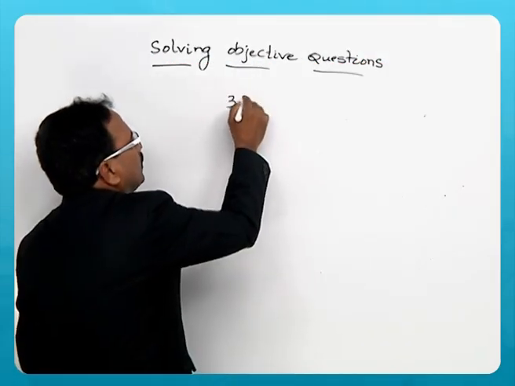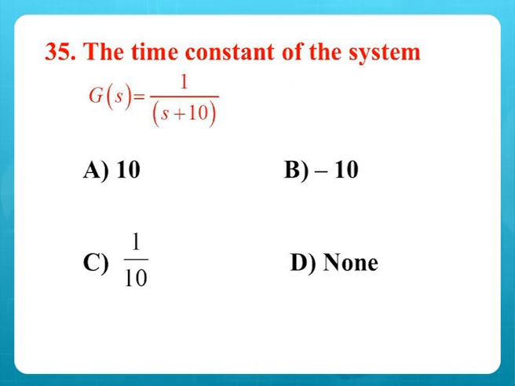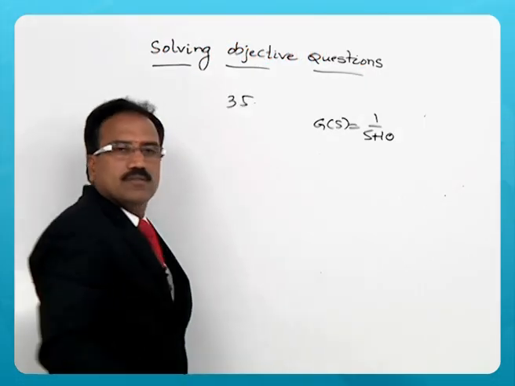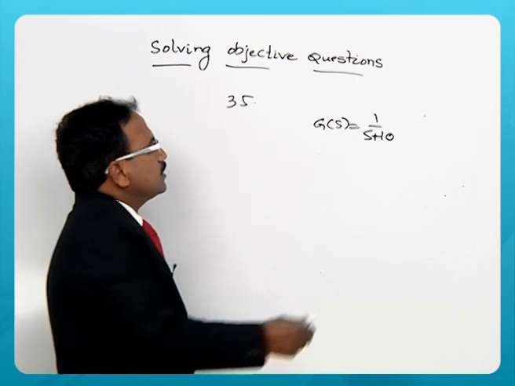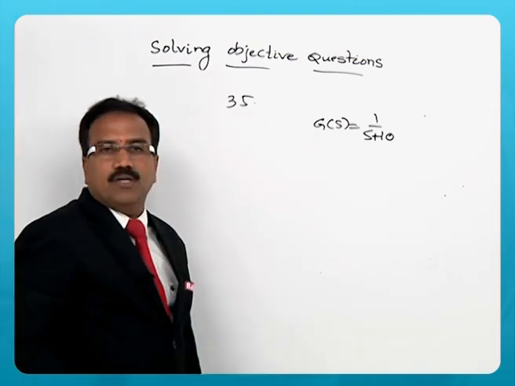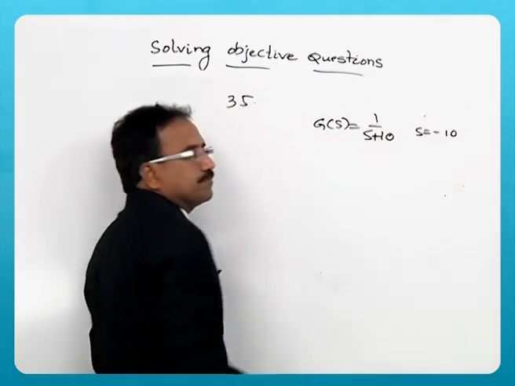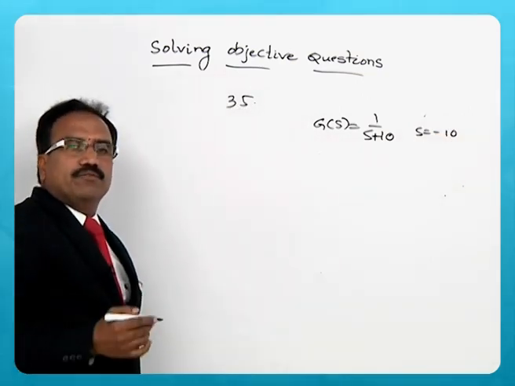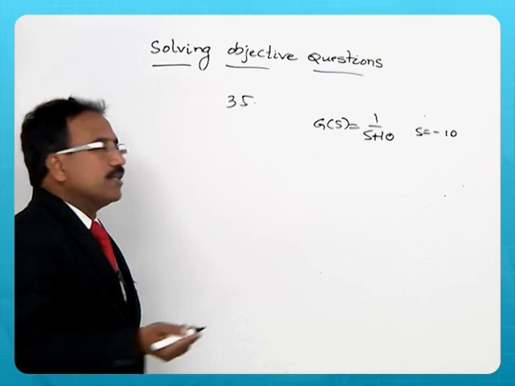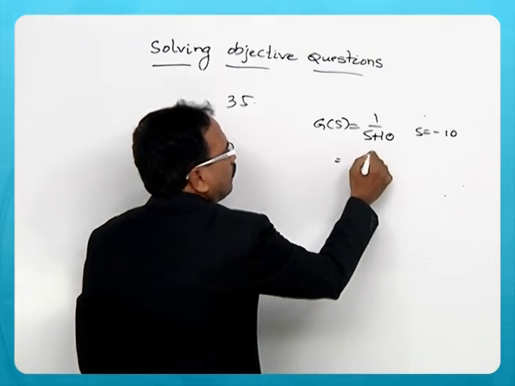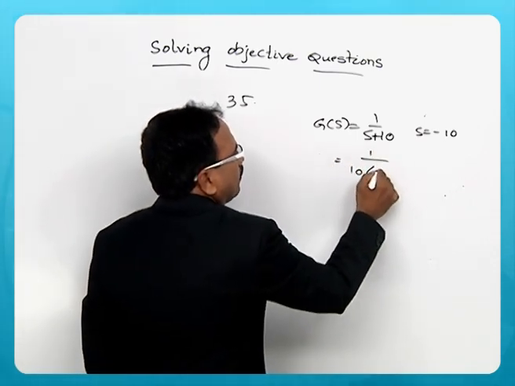Now the question number 35, the time constant of the system G of S is given by 1 by S plus 10. As you know, this is given in the pole zero form, that pole is located at S is equal to minus 10. Now, if you want to represent this system in time constant form, then what we do is 10 is taken out.